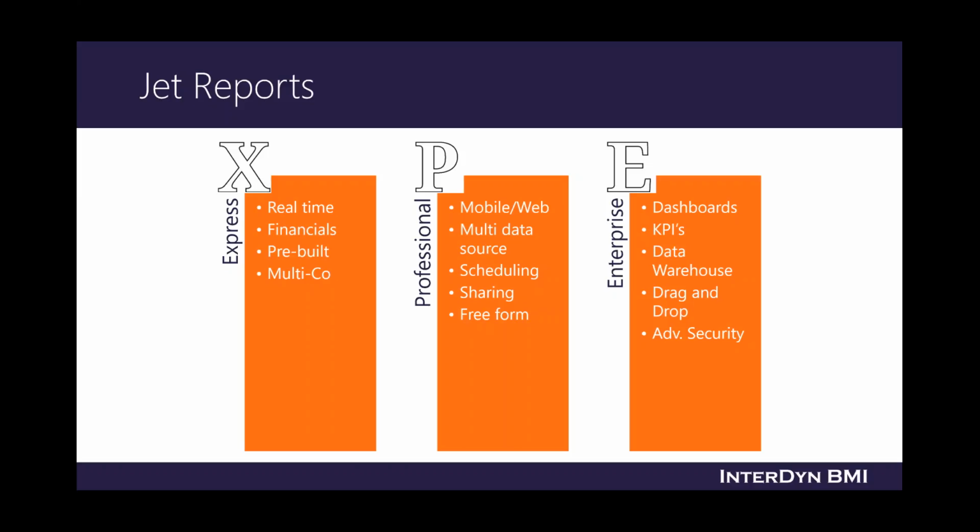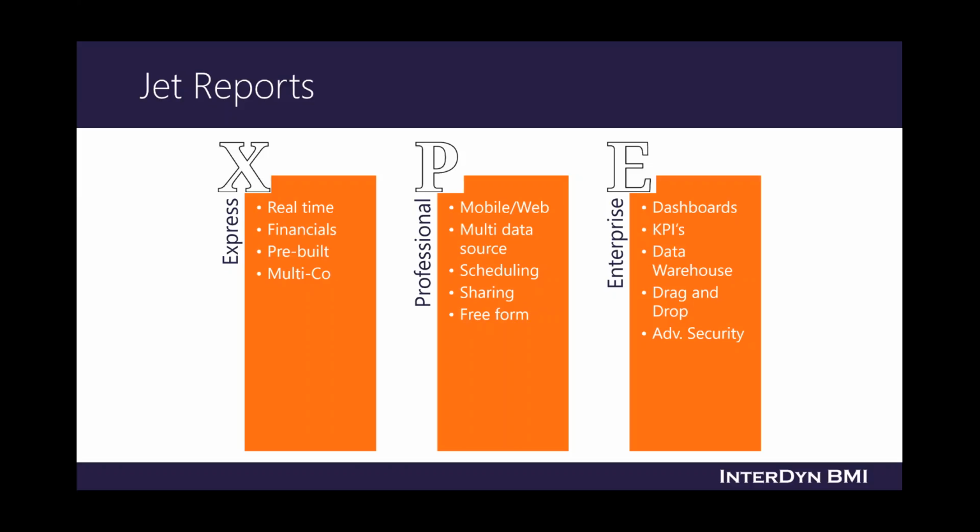The Professional version builds on what's inside of Express and adds to that with mobile web access and deployment of your reports, and allows you to bring multiple data sources into your report creation environment, similar to what I was talking about with Power BI, where I could bring in something from a SQL Server database, bring in Excel data, bring that all together, and start to create reports from that.